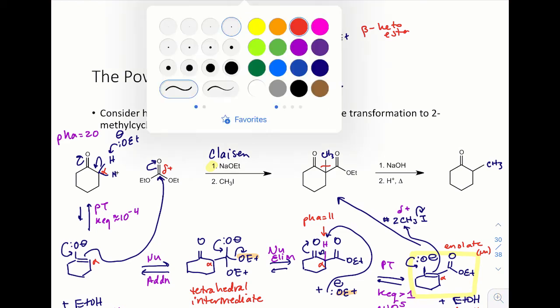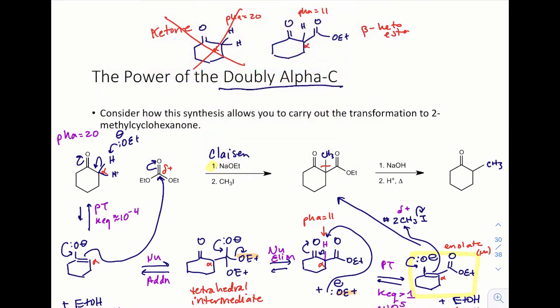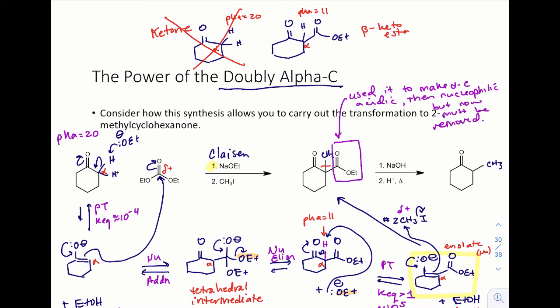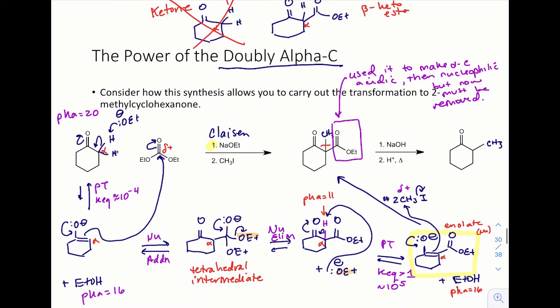Now the problem, sort of problem, is that we have this ester group that was installed that is undesired. So we used it to make the alpha carbon really acidic and nucleophilic, but it's not desired in the product. So no problem, it will be removed in a decarboxylation sequence. So step 1 is that acyl transfer, the hydrolysis, to generate the carboxylate.